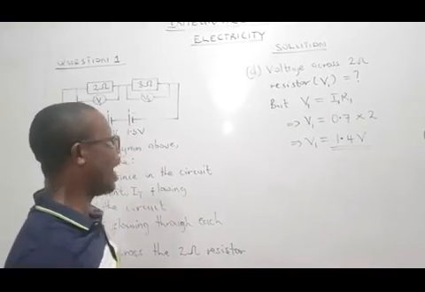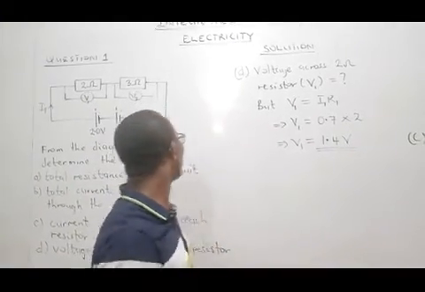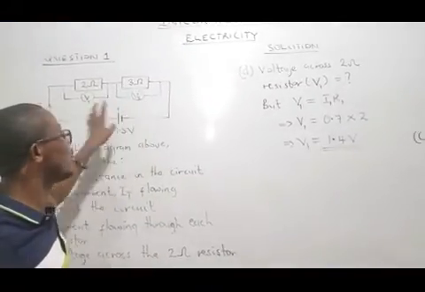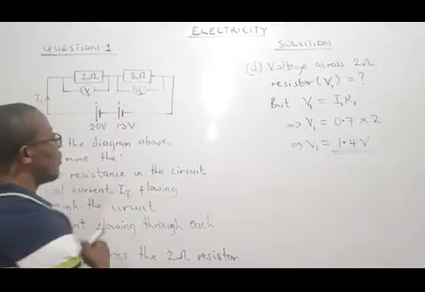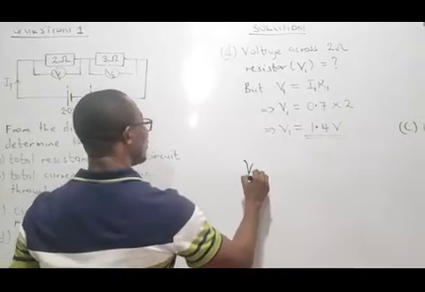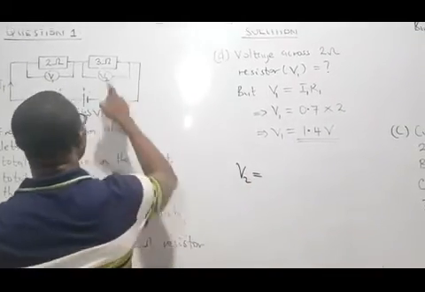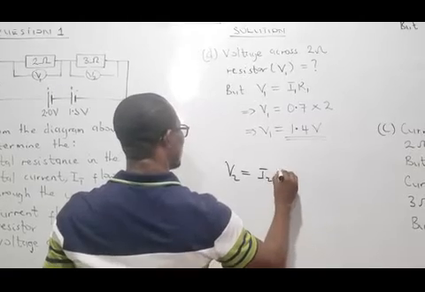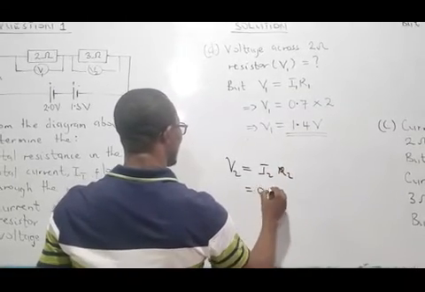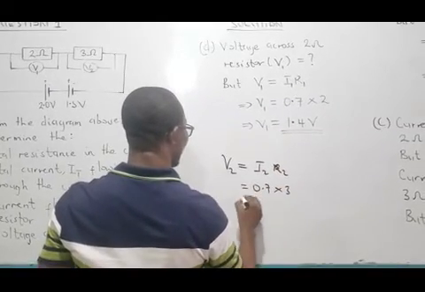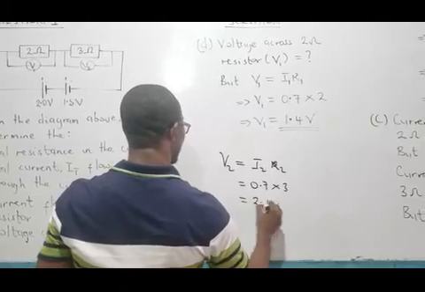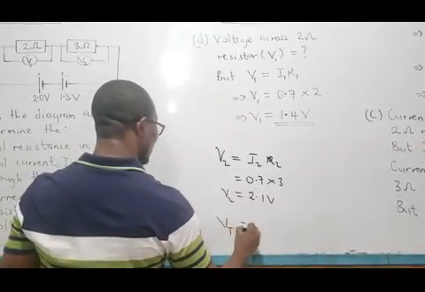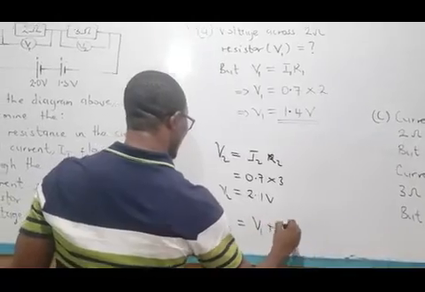Okay. And if you add the two voltages, the total voltage here should be the sum of these two voltages. Your V2 is I2 times R2. I2 is also 0.7, R2 is 3. So that will give you 2.1 volts. And I'm saying that the total voltage should be the sum of the individual voltages.